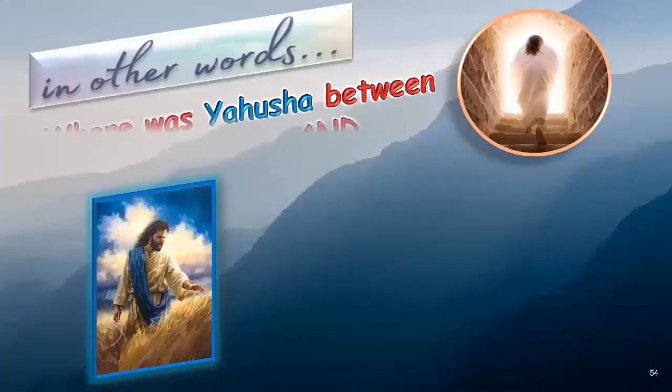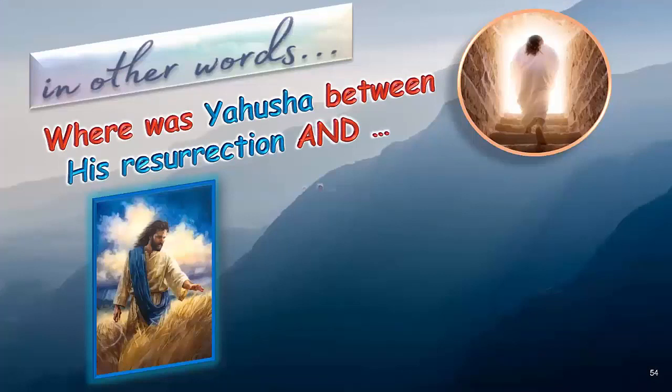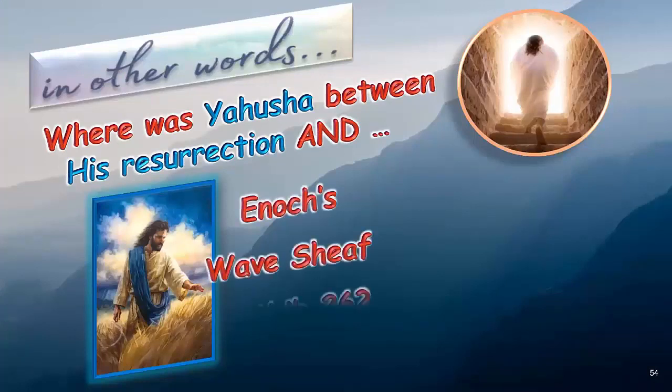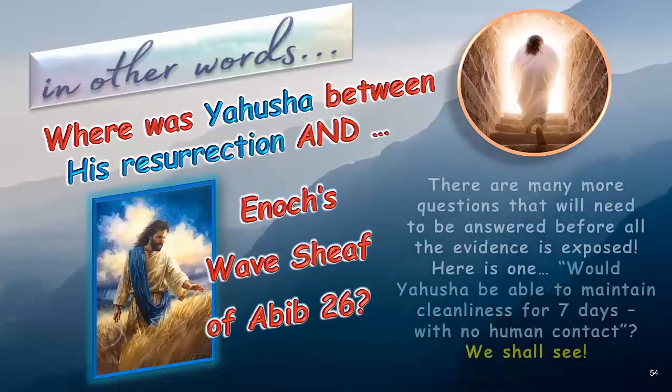In other words, where was Yahusha between his resurrection and Enoch's wave sheaf of Abib 26? I'm going to read that again. Where was Yahusha between his resurrection and Enoch's wave sheaf of Abib 26?